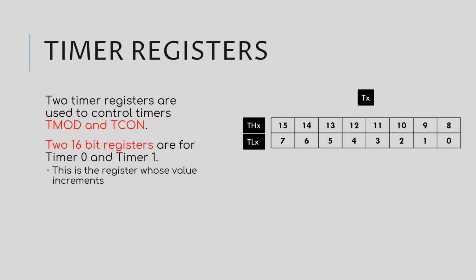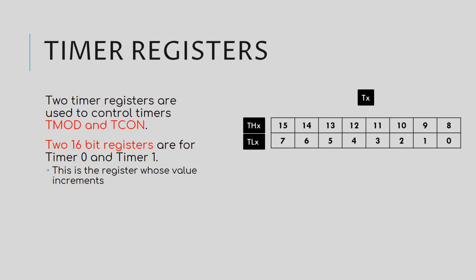One is timer mode, TMOD. Another is timer control, TCON. TMOD is used to set the mode of a timer, and TCON is used to control the timers. Apart from these two settings, or you can say configuration registers, there are 2 more registers, two 16-bit registers denoted as T0 and T1.